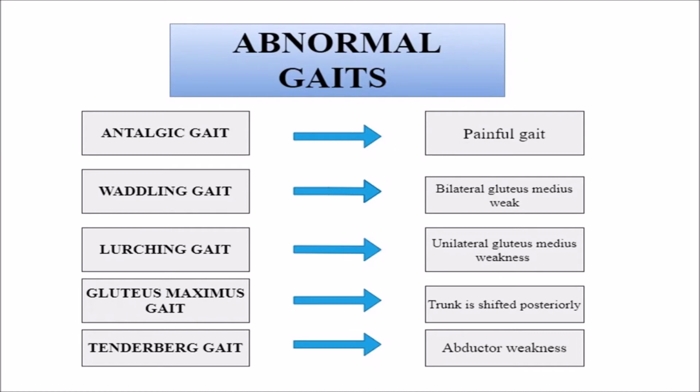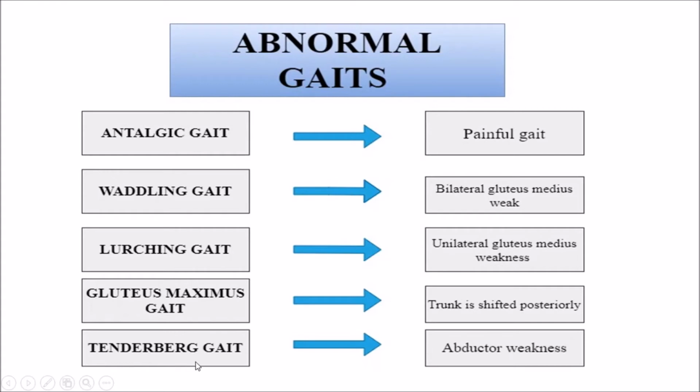This all happens because of the weakness of the gluteus maximus. There is another type of gait, the steppage gait. What happens in a steppage gait is that there is a weakness of the hamstring muscle. When the hamstring muscle is short, a person takes small steps which are spastic type.